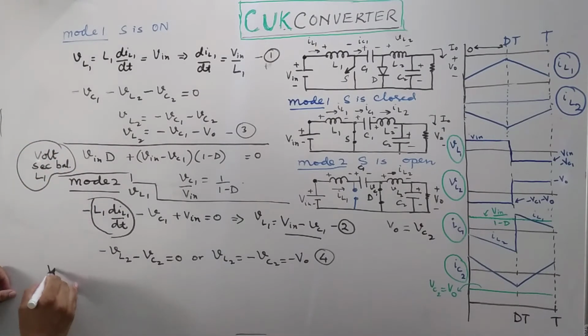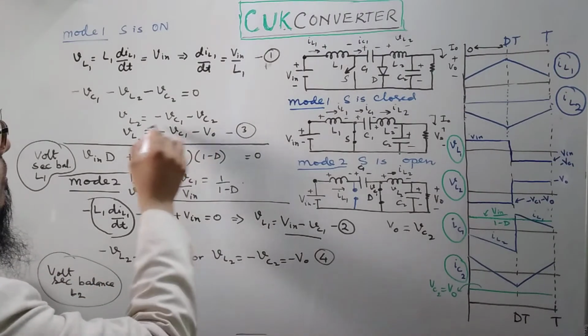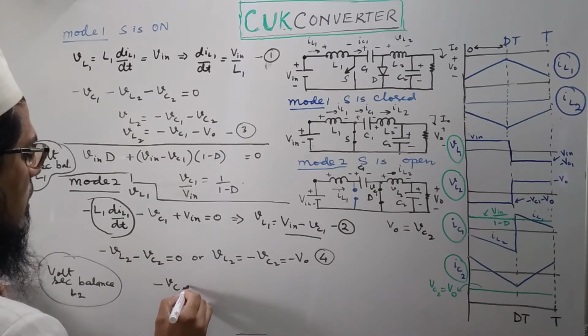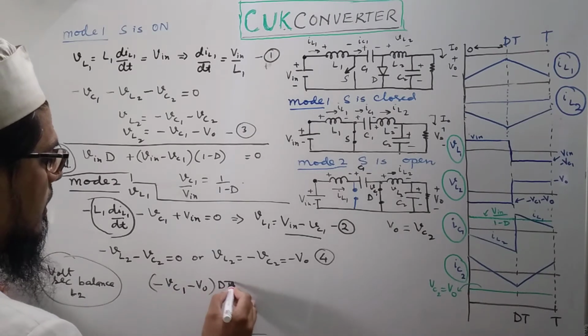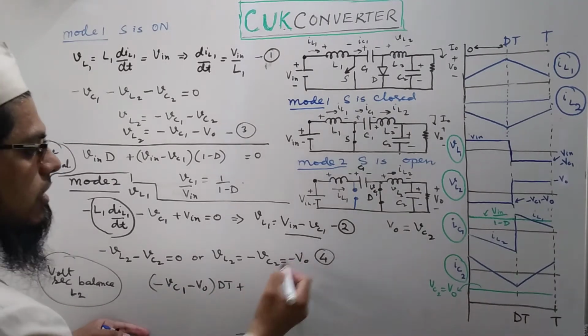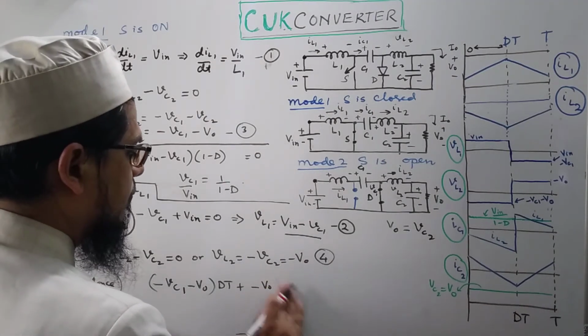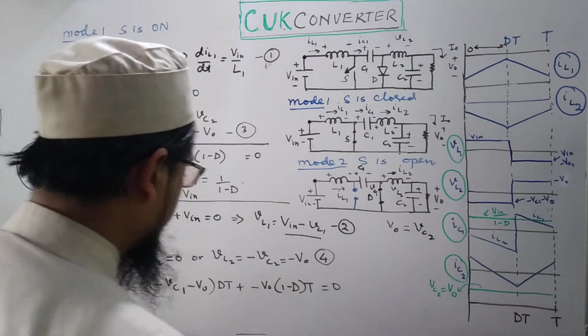Now let me write the volt second balance for L2. So the voltage across L2 is this, minus VC1 minus V naught times dT, plus then the voltage is minus V naught, so minus V naught times (1 minus d)T is equal to 0.